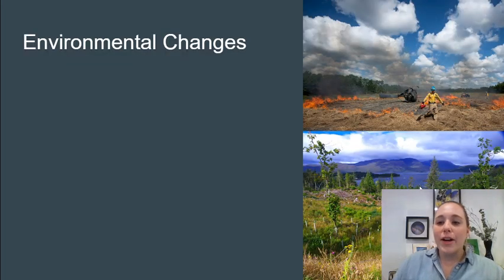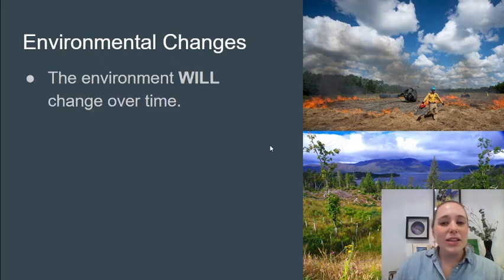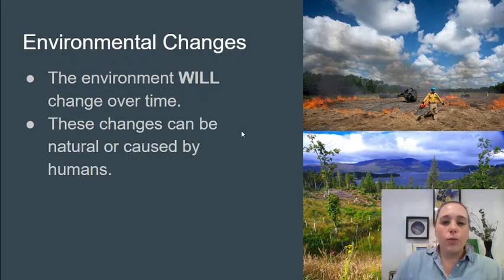When we talk about environmental changes, we're talking about anything that happens to our environment. And we know that environments will change no matter what. Things are not static on our planet. They're always changing, there's always evolution, there's adaptations. Some of these changes are going to be caused by man, and those are man-made changes, and some will be natural changes.